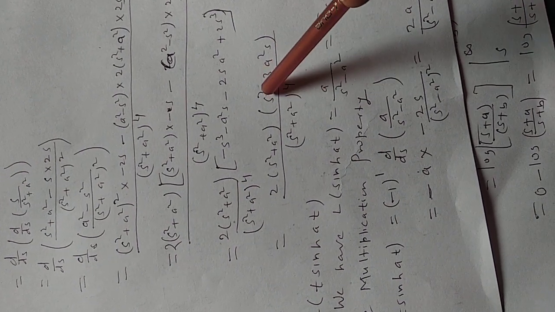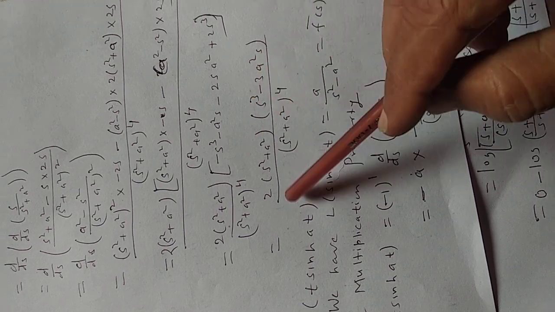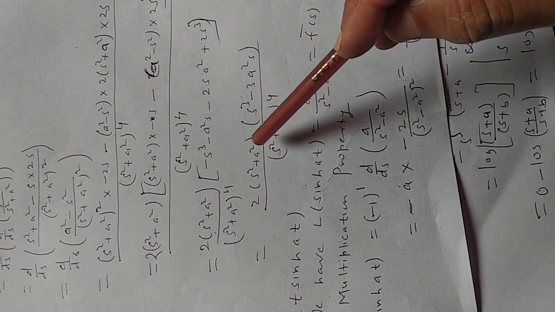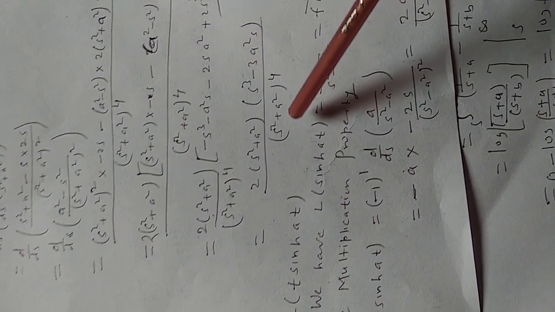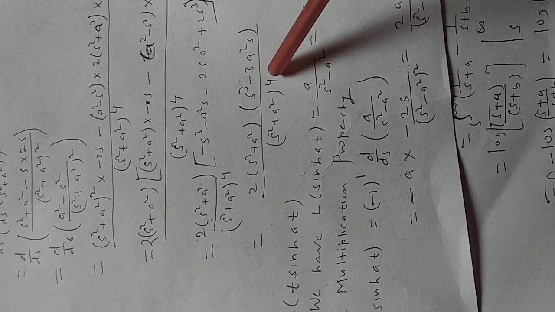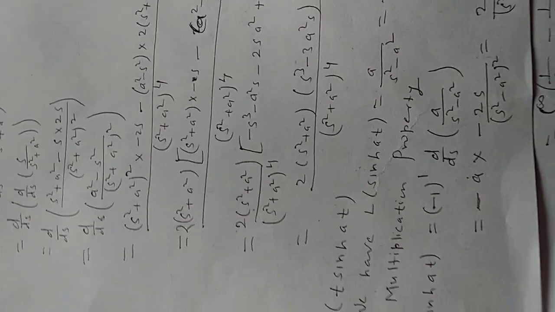Again one can add one more step, that is s is common here. So 2s into s square minus 3a square divided by s square plus a square raised to 4. So this one is the final answer.